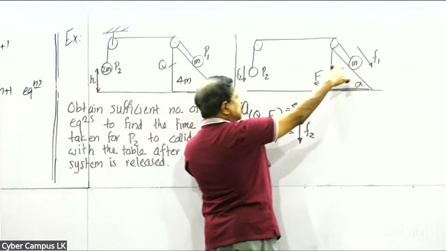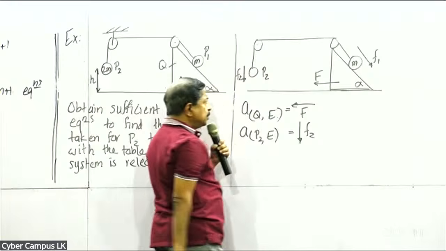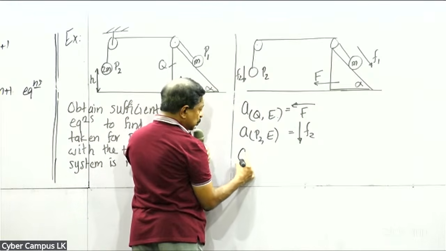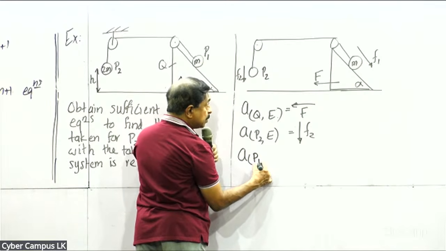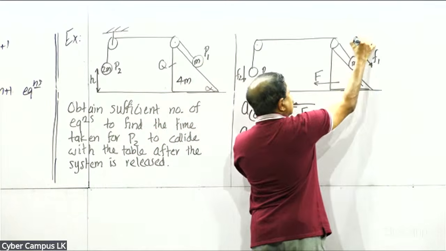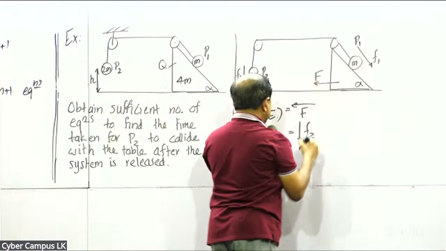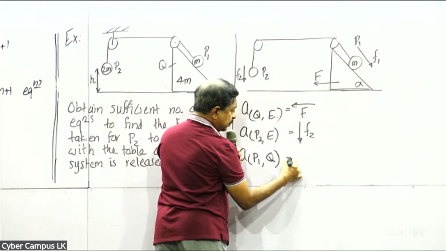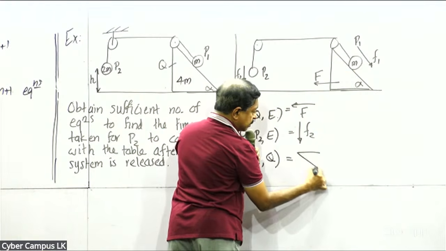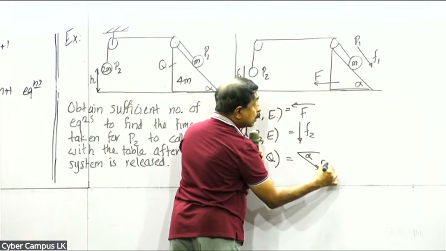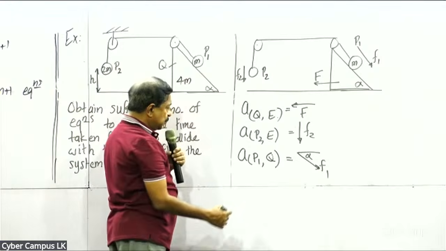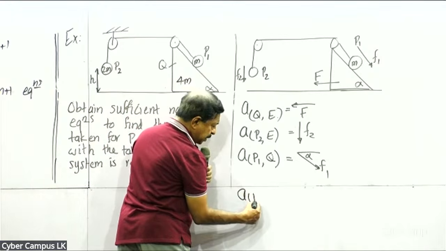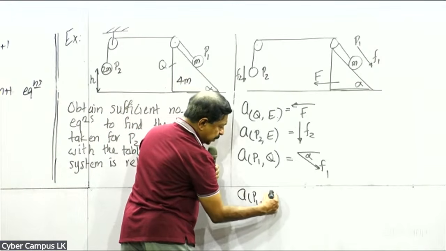The acceleration F1 is simply related to Q. So this is the acceleration of P1 related to Q. It is in this direction. Now that's not what we want. We want to find the acceleration of P1 related to the Earth.